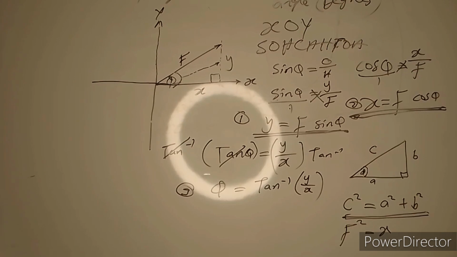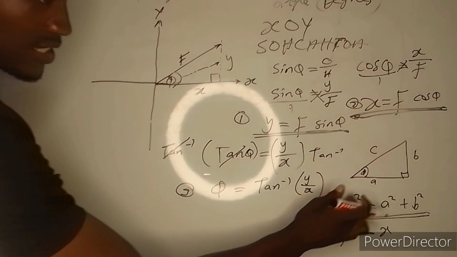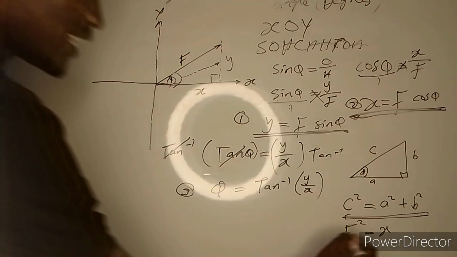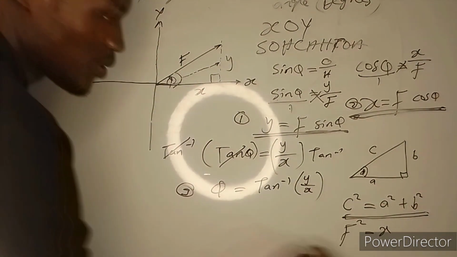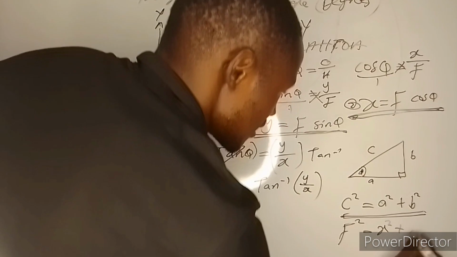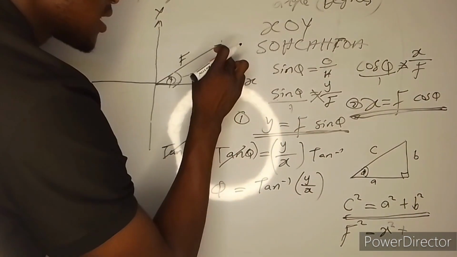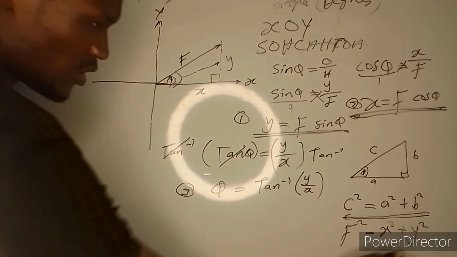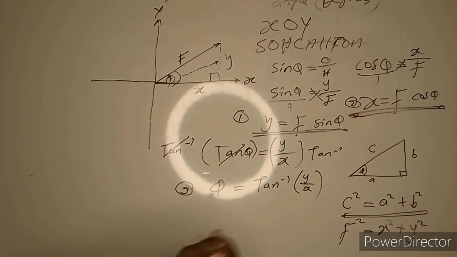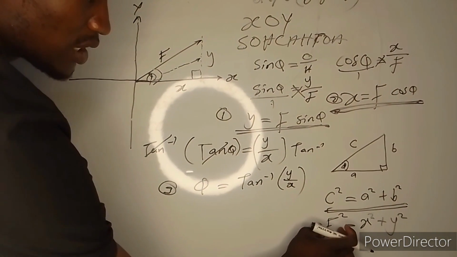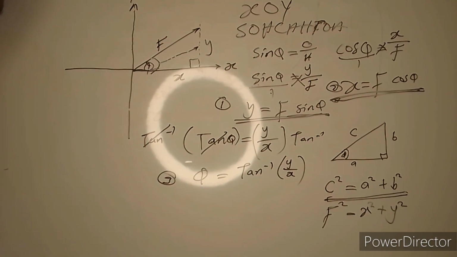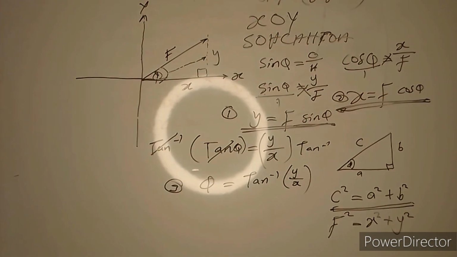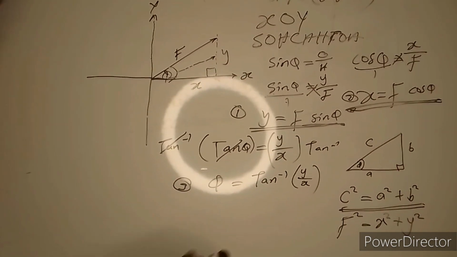Now, we replace c squared by F squared, then A, which is x squared, then plus B, in this case our B is y squared. So this is the equation, but remember we only want this force. So if we want this force only, then we need to get rid of this square. But what are we going to do? Simple.